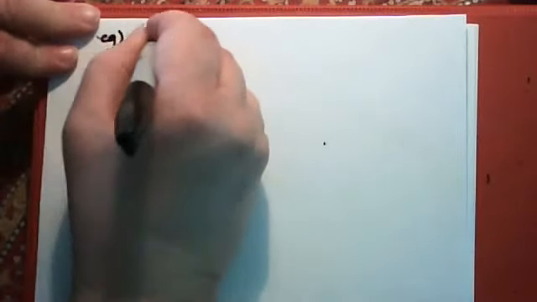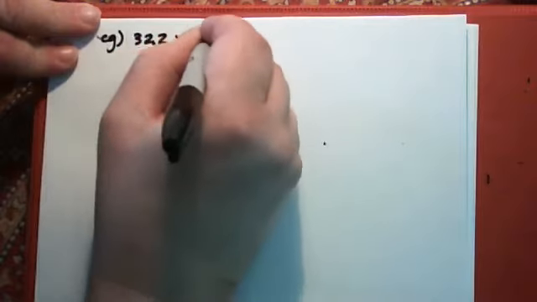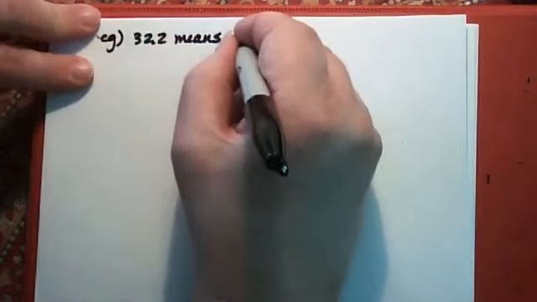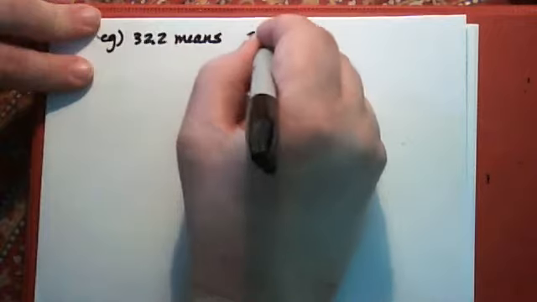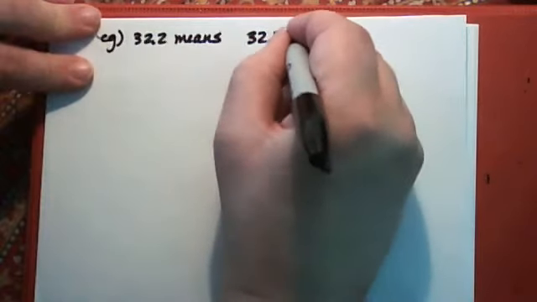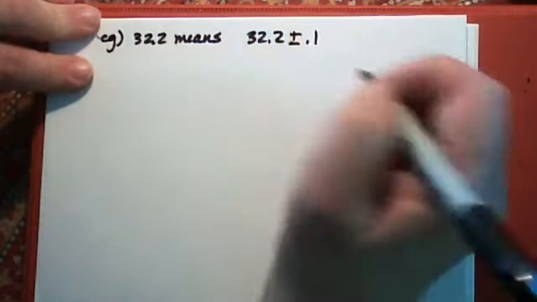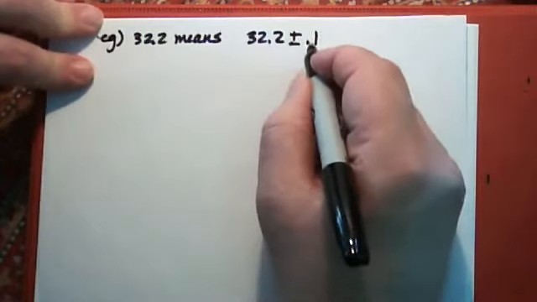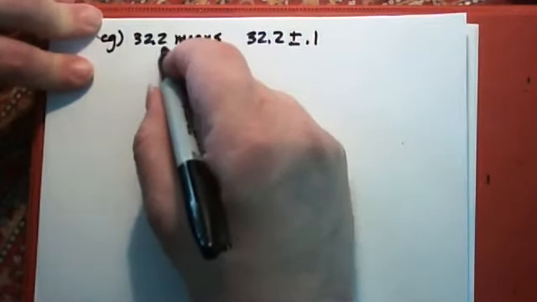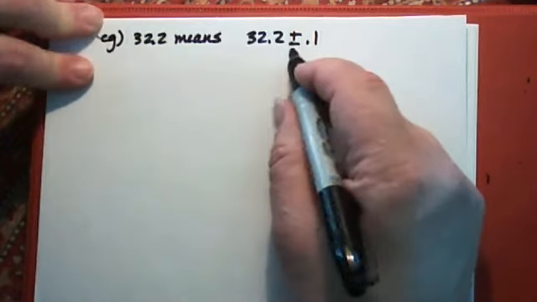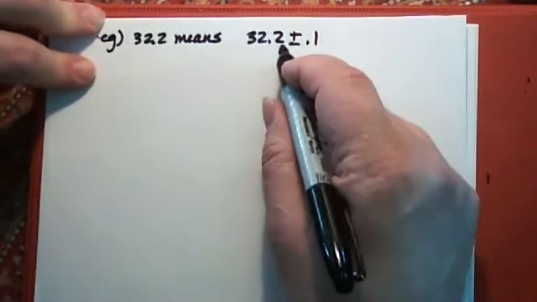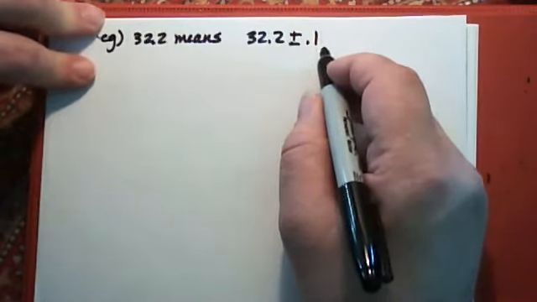So, for example, 32.2 means 32.2 plus or minus 0.1. We're assuming that that 0.2 was estimated. So we're assuming that that last digit could be one higher or one lower.